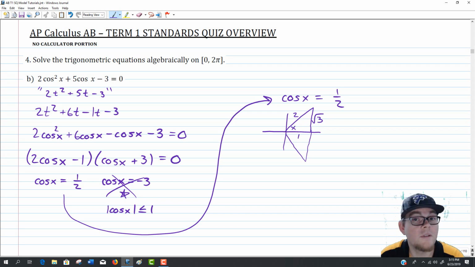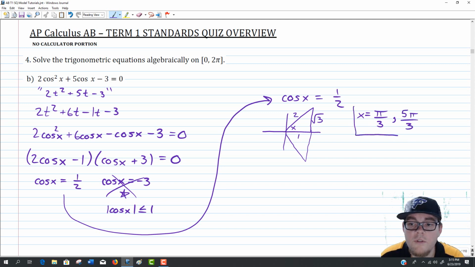So in this case, we're opposite the root 3, which means that our reference angles are going to be the pi/3 reference angles. As far as our values, the first one's in quadrant 1, so that will be literally pi/3. The second one will be down in quadrant 4, which is going to be 5 pi/3. So we have only two solutions as it turns out. The two 60-degree reference angles, pi/3 and 5 pi/3.